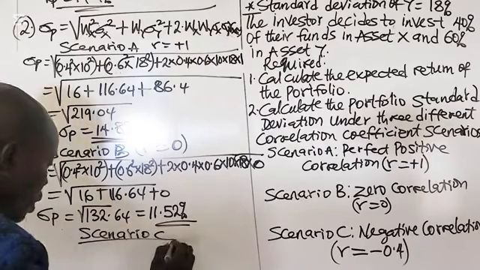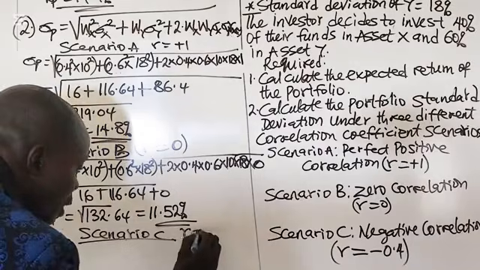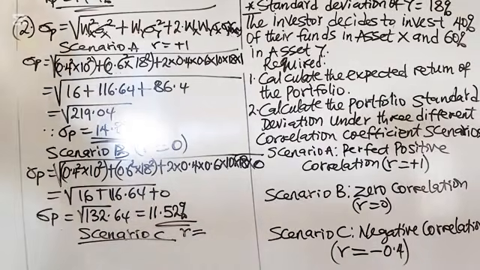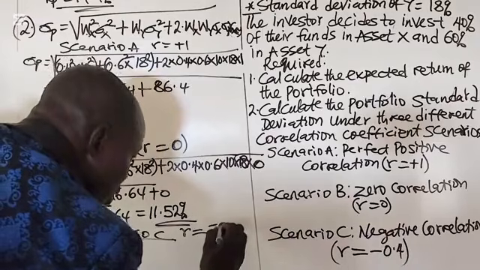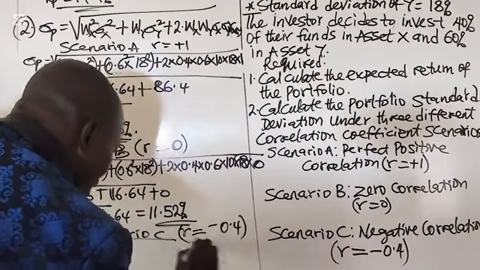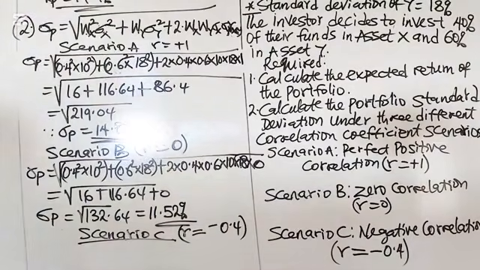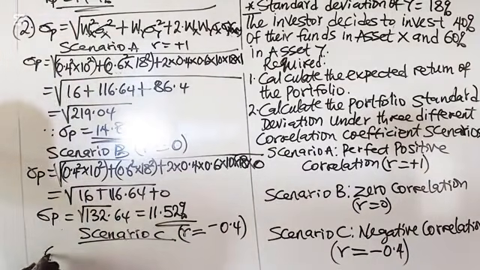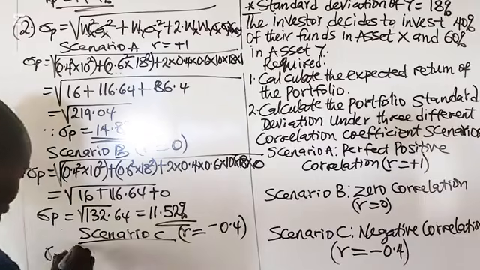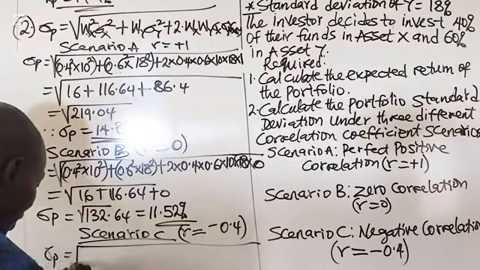Scenario C now. The correlation coefficient is minus 0.4. The formula still remains the same: square root of variance.